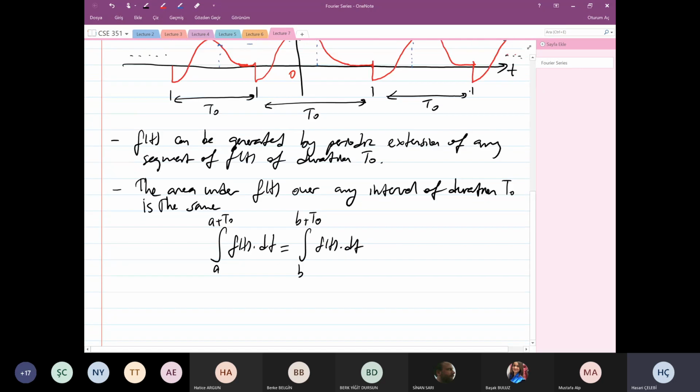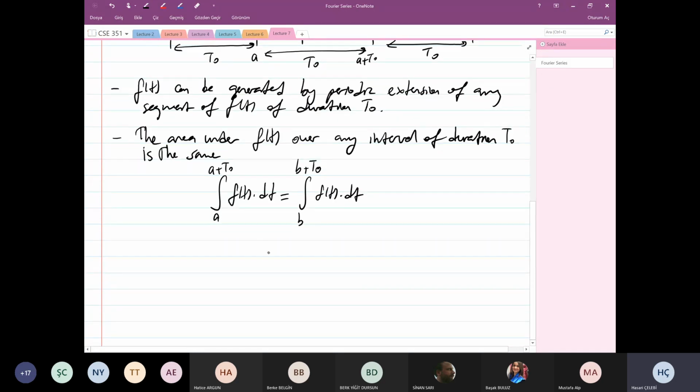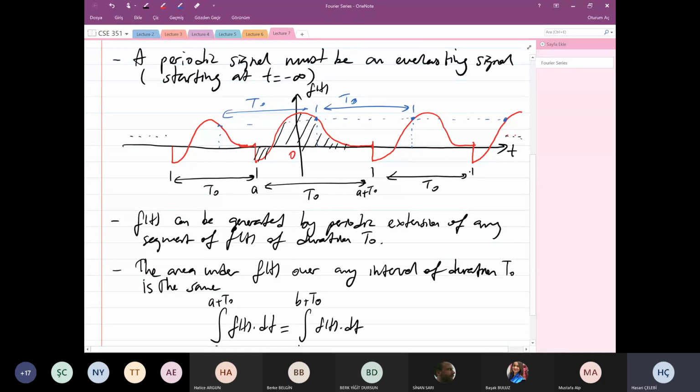Visually this means, let's say my A is from here. I start at A plus T0. The area under this is equal to this, right, guys? Let's call this area 1. Area 1 is equal to, I took T0, right? Let's change the color.